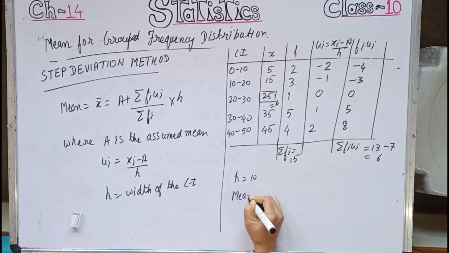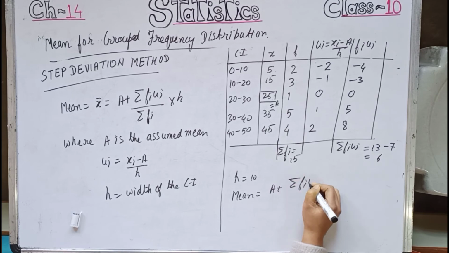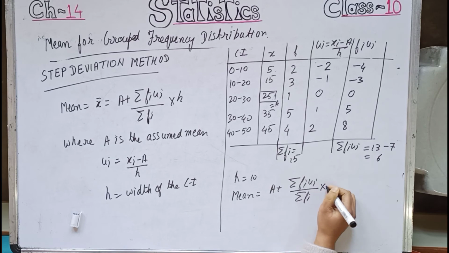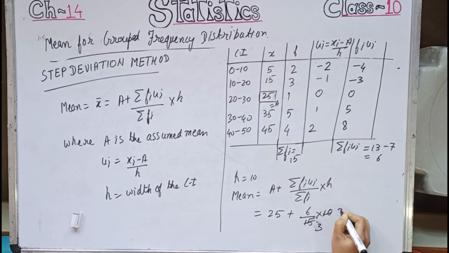So mean equals a plus summation fi into ui by summation fi into h. A is 25 plus 6 by 15 into h value, which is 10. 5 3s are 15, and 3 2s are 6, so the value is 4.